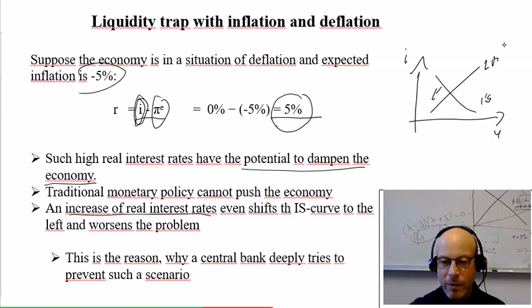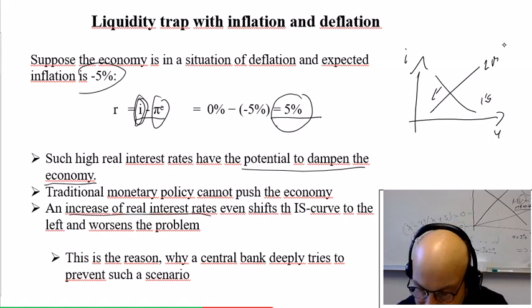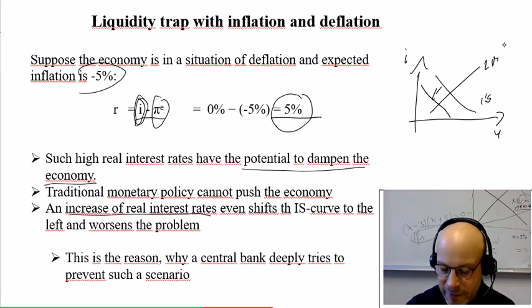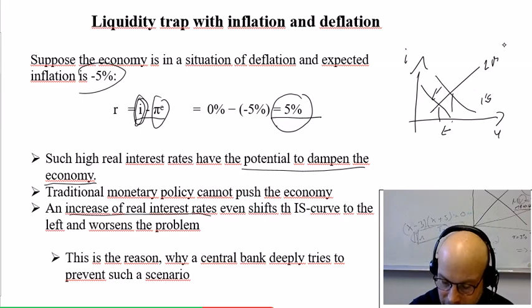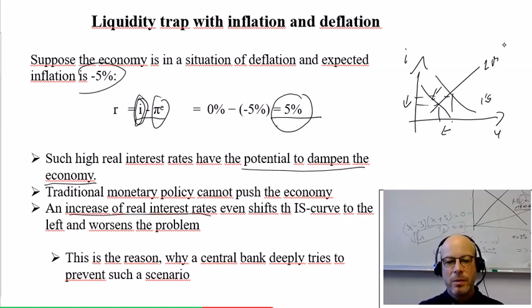And if IS also goes to the left, then this means a decrease in Y, and what worsens the situation even more, also nominal interest rates would go down. And this is the reason why we really fear a situation of deflation.